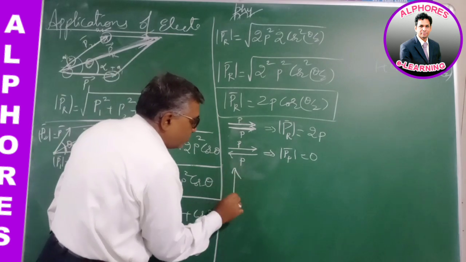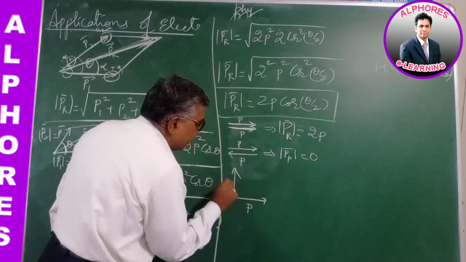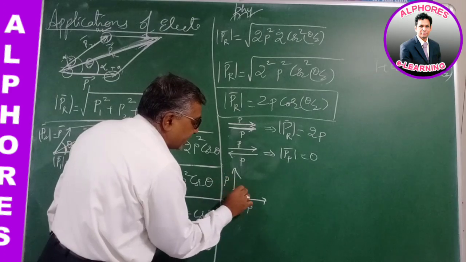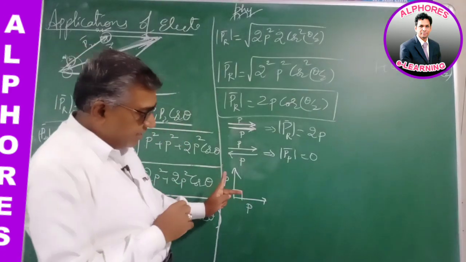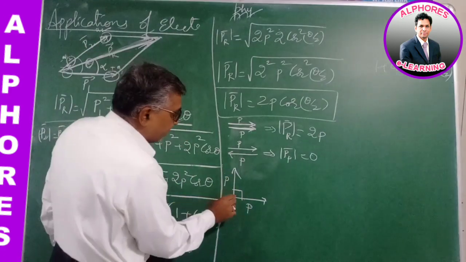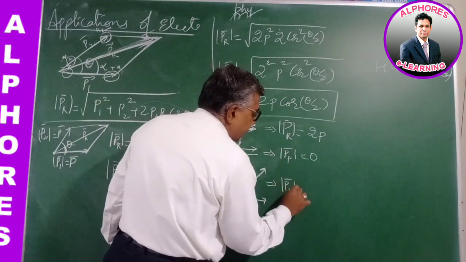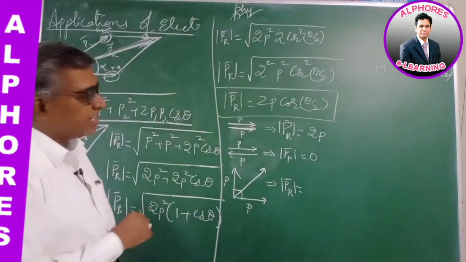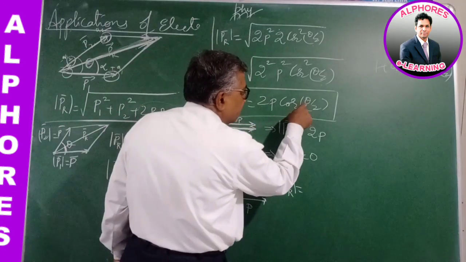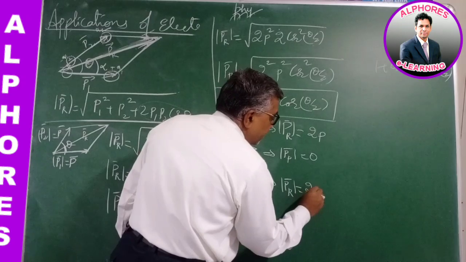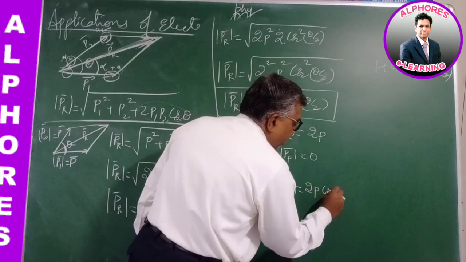Similarly, if two identical dipoles P and P are at right angle to one another, then the magnitude of the resultant dipole moment: theta is 90, cos 90 by 2, that is 45, so it is 2p cos 45.